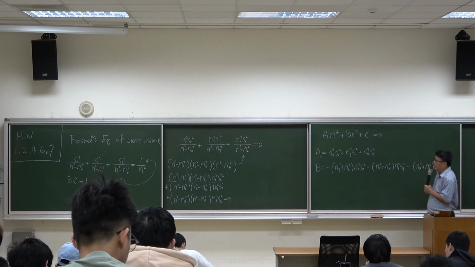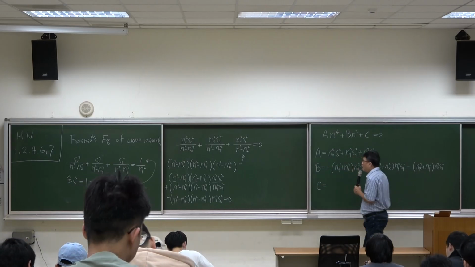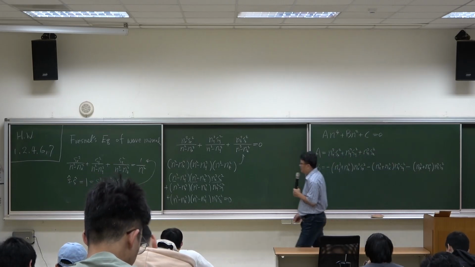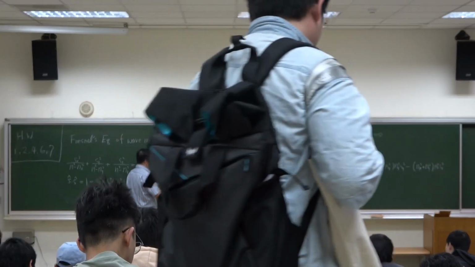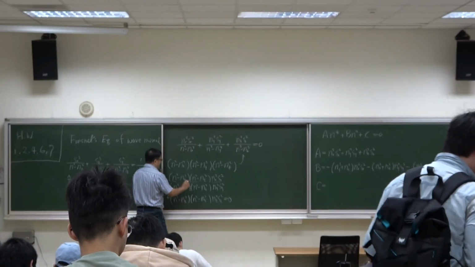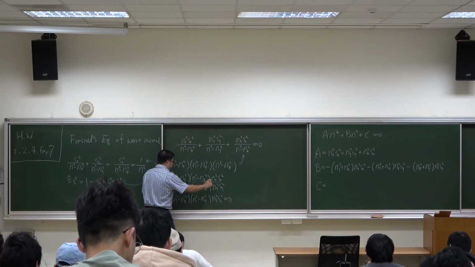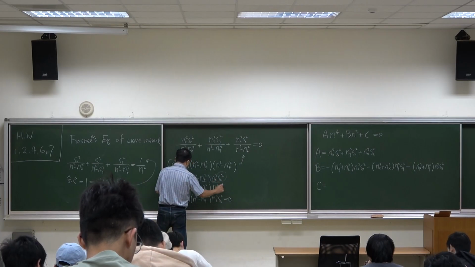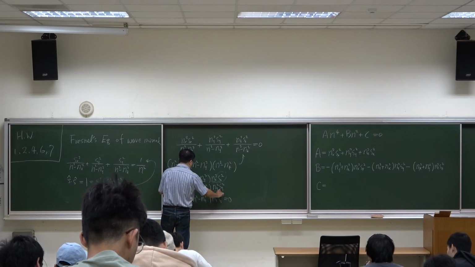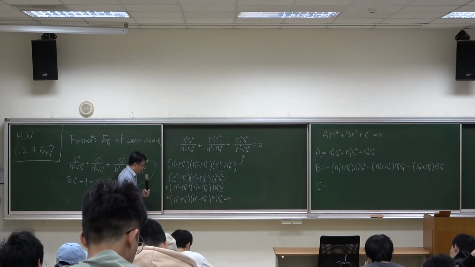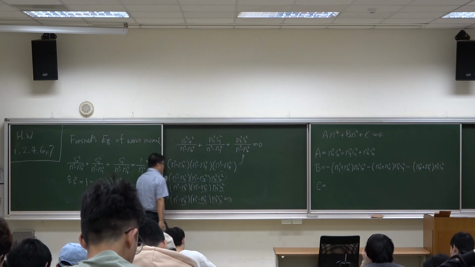Okay? And what is C? C, the zeroth power of n, we have nx squared ny squared nz squared times sx squared plus nx squared ny squared nz squared times sy squared plus nx squared ny squared nz squared times sz squared.